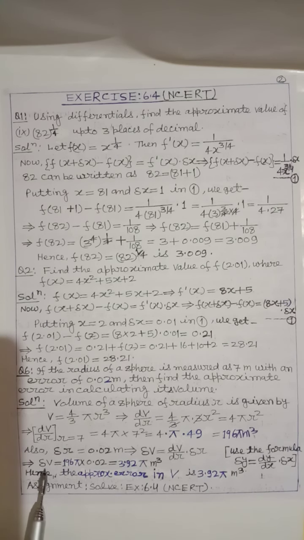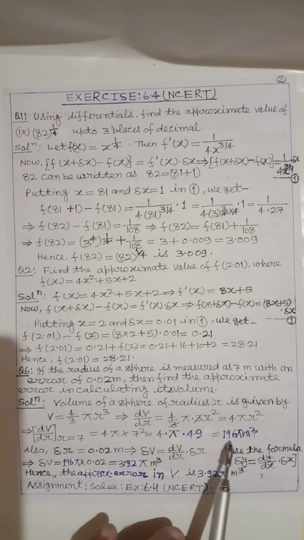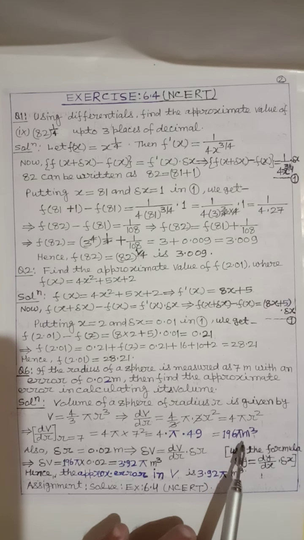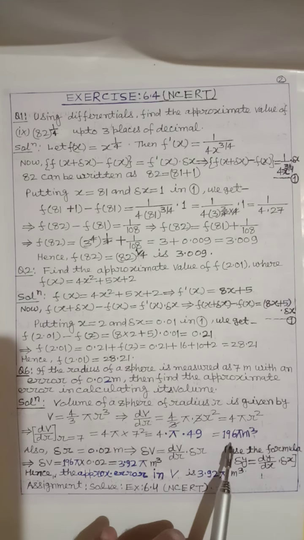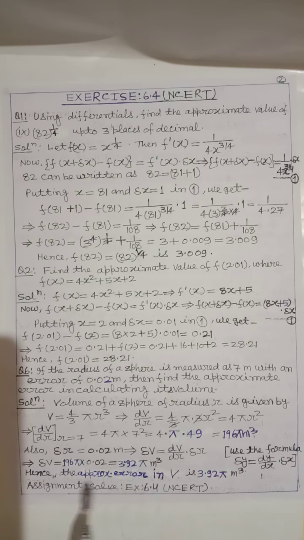and this implies that del v equals 196 pi into 0.02. Here del v equals dv by dr into del r. dv by dr here already given 196 pi meter cube, here means 196 pi into del r.